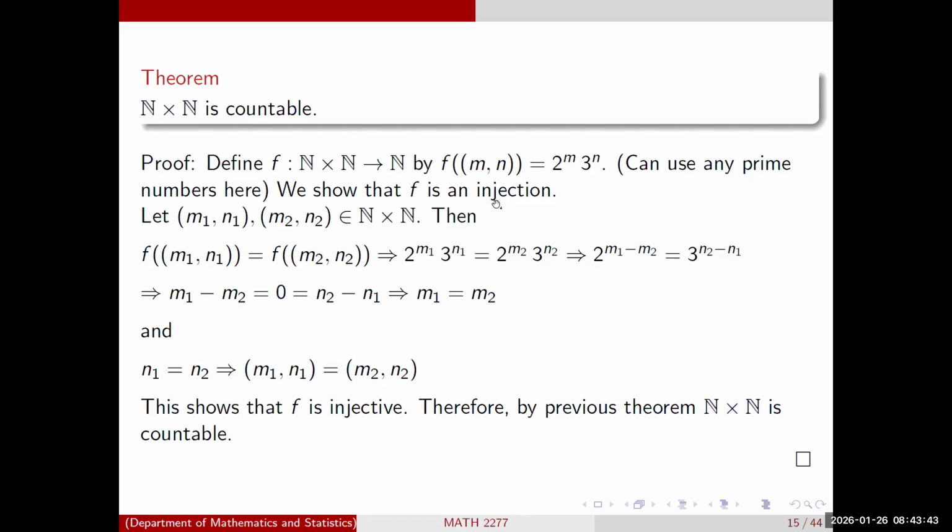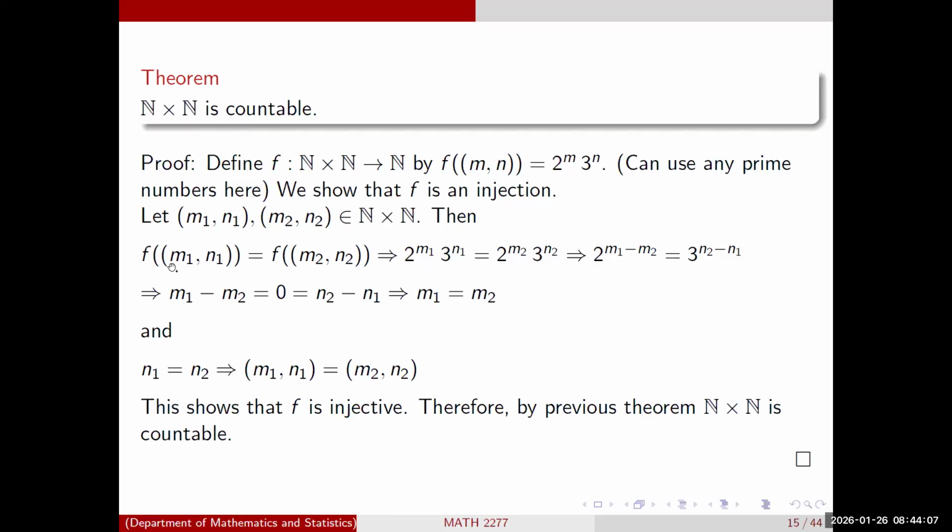Of course, you all know how to show a function is injective. You take 2 elements in the domain, (m1, n1) and (m2, n2), and you say, suppose f of x equals f of y; you need to show x equals y.